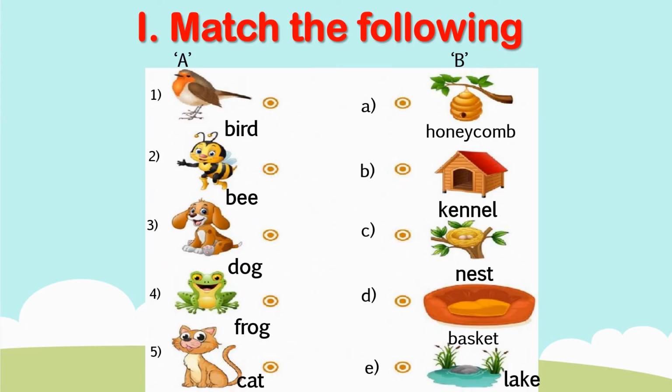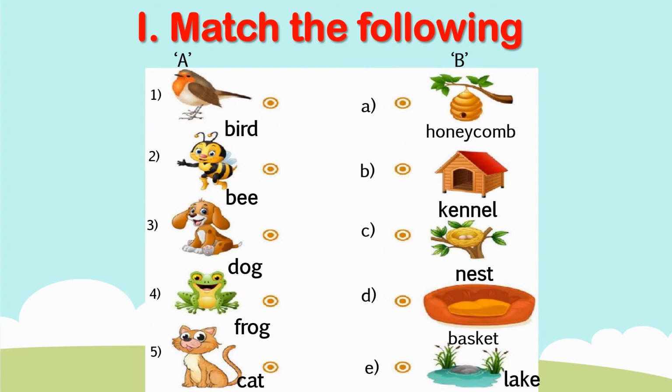Children, here I gave you two columns, column A and column B. In column A, animals and birds are there, and in column B, their shelters. You have to choose the correct shelter and match it. For example, number 1, bird.